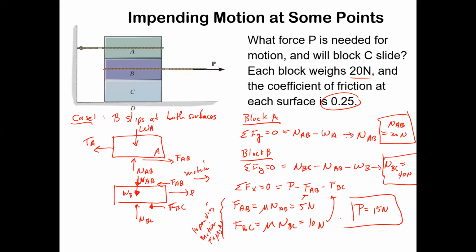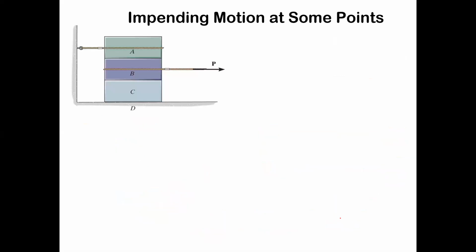So now we're going to have to consider those two blocks together. The idea is, consider that we start at P equals 0, in which case the blocks are in equilibrium.